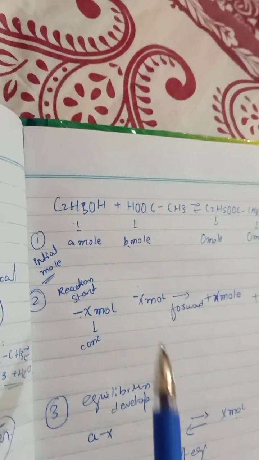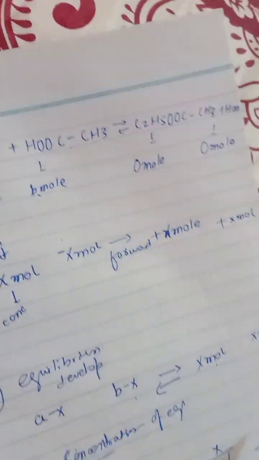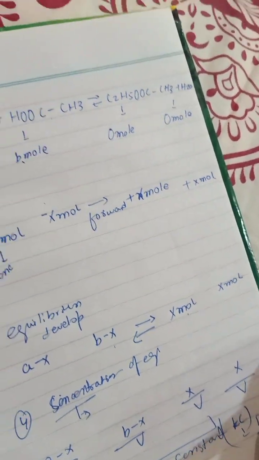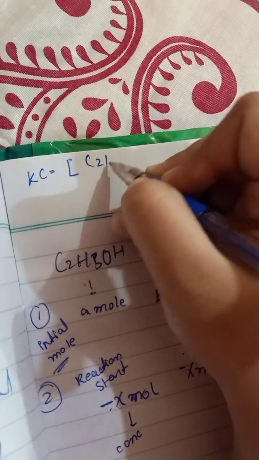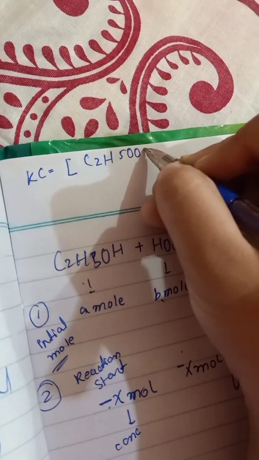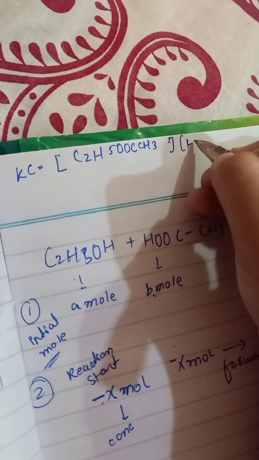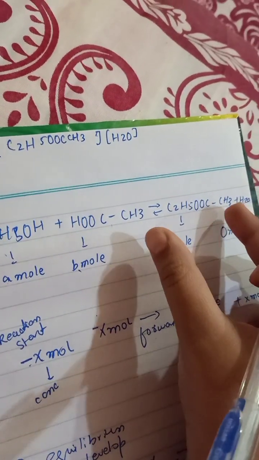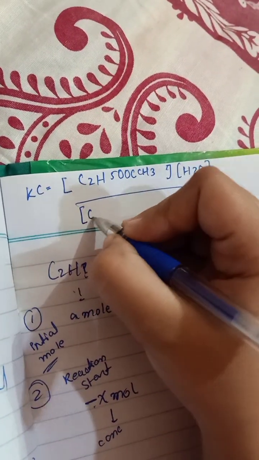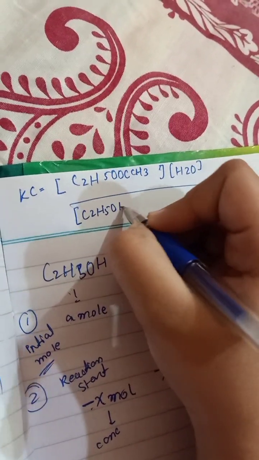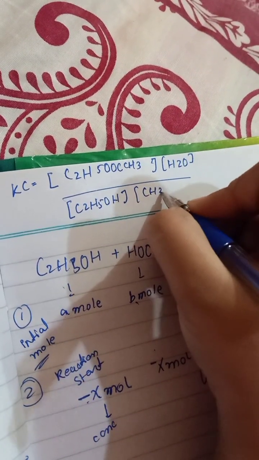Kc is equal to the product over the reactant. The product concentration we have is C2H5OOCH3 and H2O. This is the product concentration, and the reactant concentration we have is C2H5OH and CH3COOH.